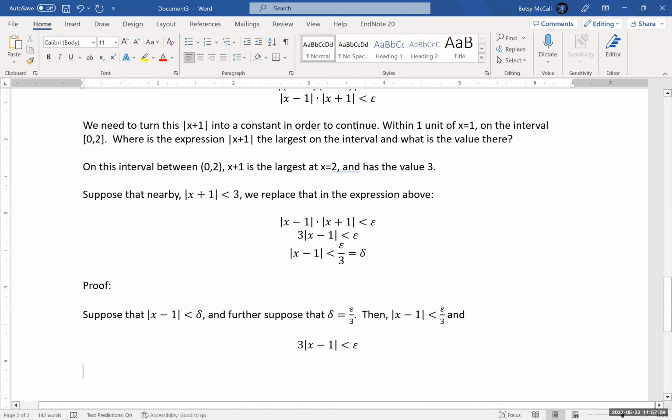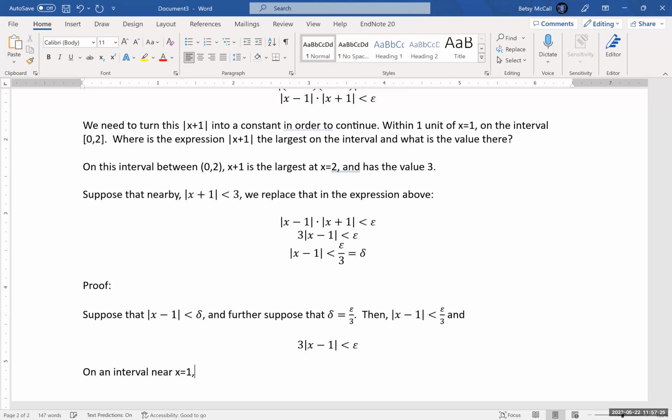Now, here is where the second trick comes in. Now we want to say, so on an interval near x equals 1, like 0, 2, the expression x plus 1 is always less than 3.